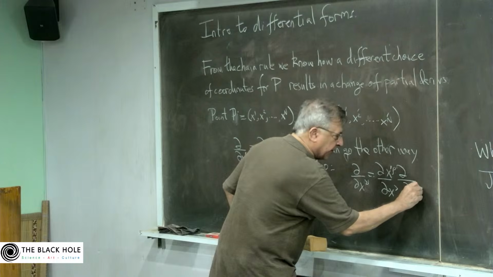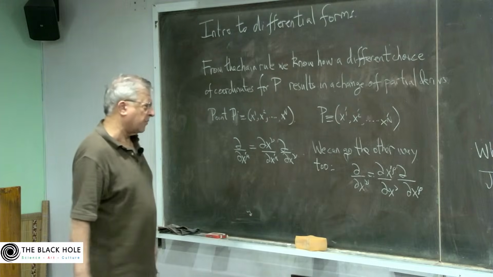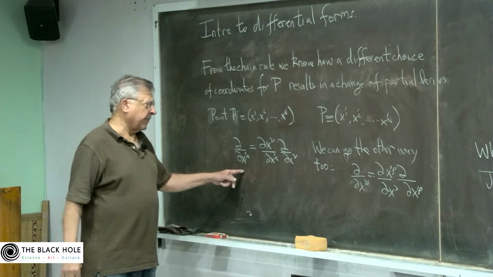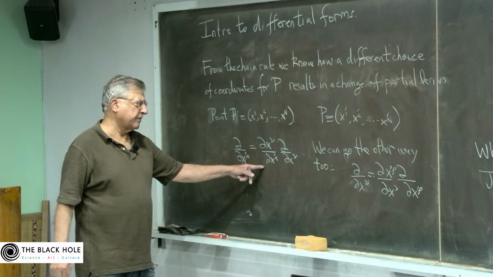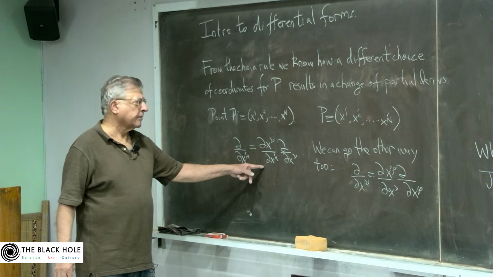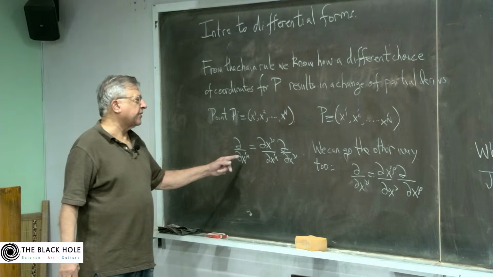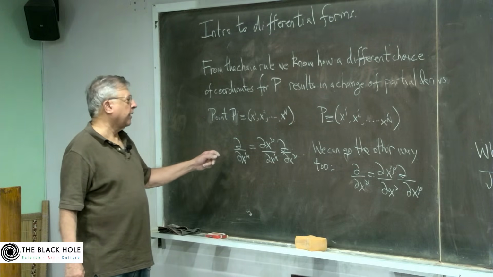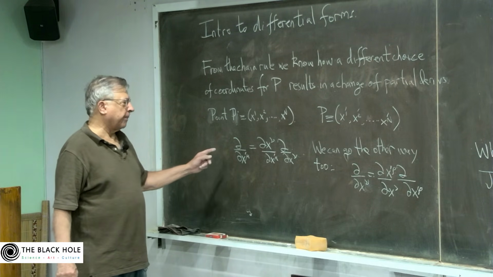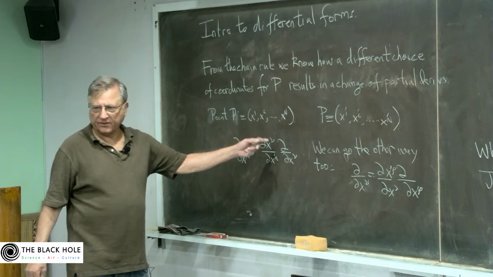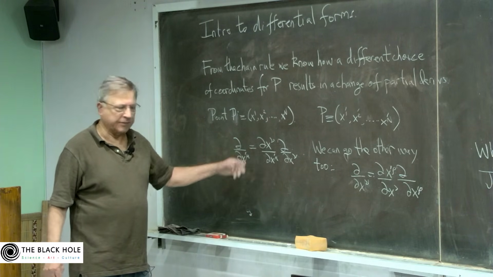Doesn't matter what you call these dummy indices, right? This is the transformation when I go from x to x prime, and that's the other way around.